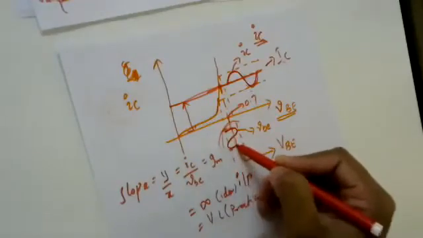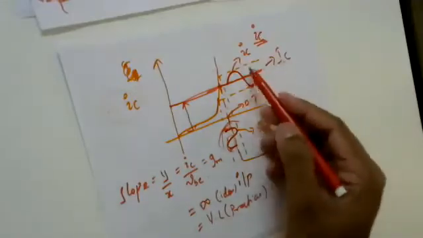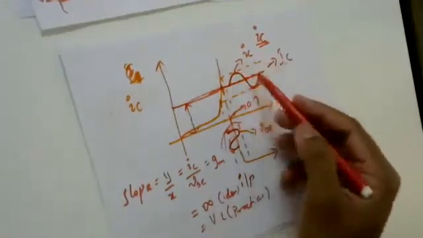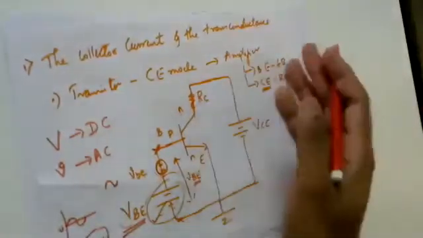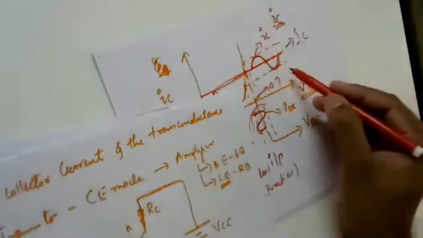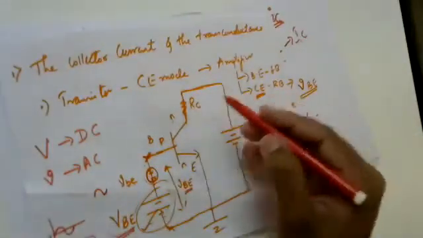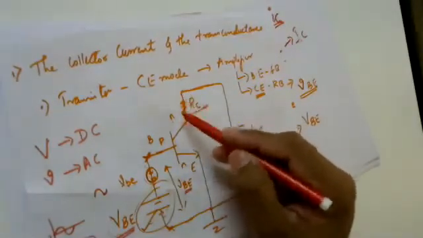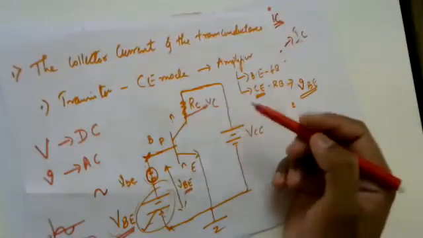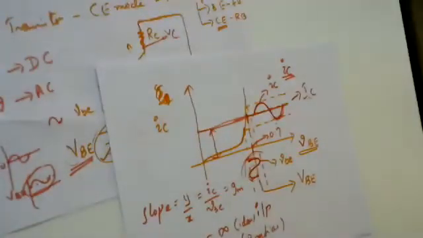This millivolt signal is being amplified over here. In order to see this voltage signal, I am adding this resistance into my circuit, because to convert this IC in terms of VCE, it has to be dropped across this resistance. So the voltage here is VCC minus ICRC, which gives me my VC. Is it clear to you? Any doubts about this topic?